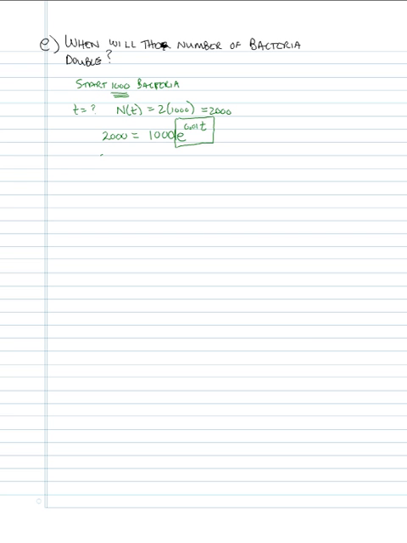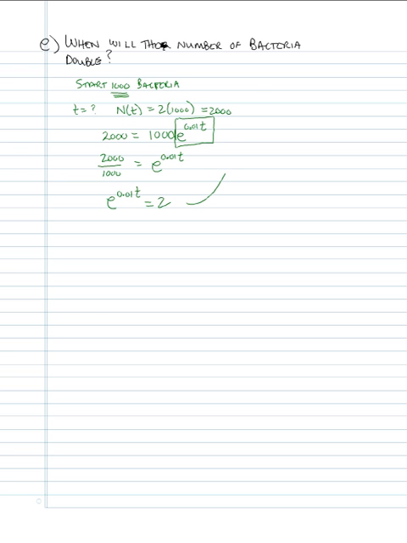So we'll divide on both sides by 1,000. Okay. And of course, 2,000 divided by 1,000 is just 2, isn't it? So this is e to the power 0.01 t is equal to 2.